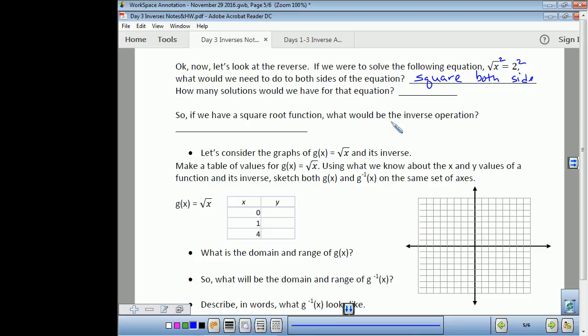Well, 2 squared is 4. That's it. I just get the number 4, so I only get one solution. So this time we're not going to have that plus or minus. We're just going to get the 1. So if we have a square root function, the inverse of that would be a square. In this case, it's going to give us a quadratic function.